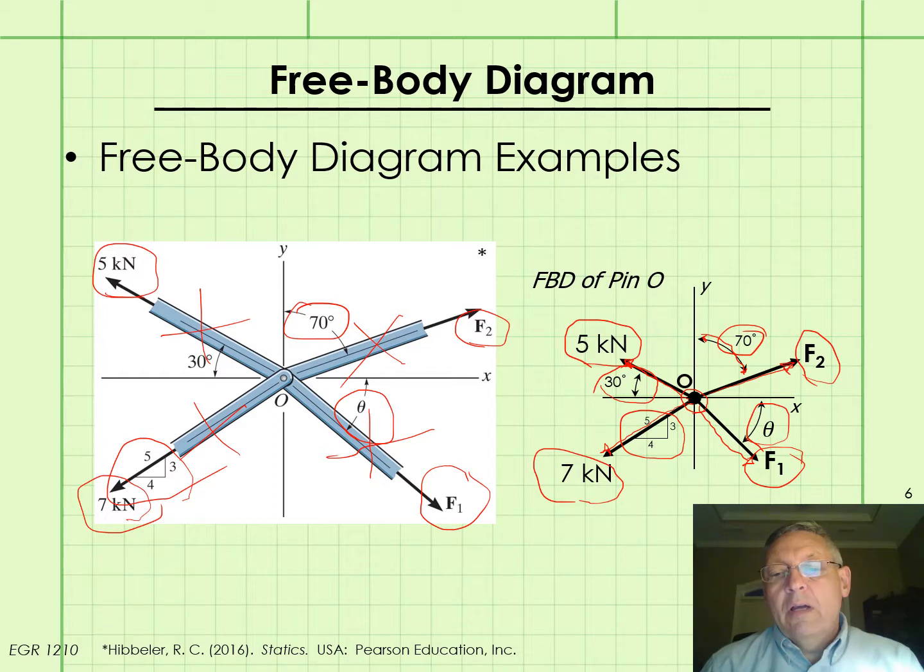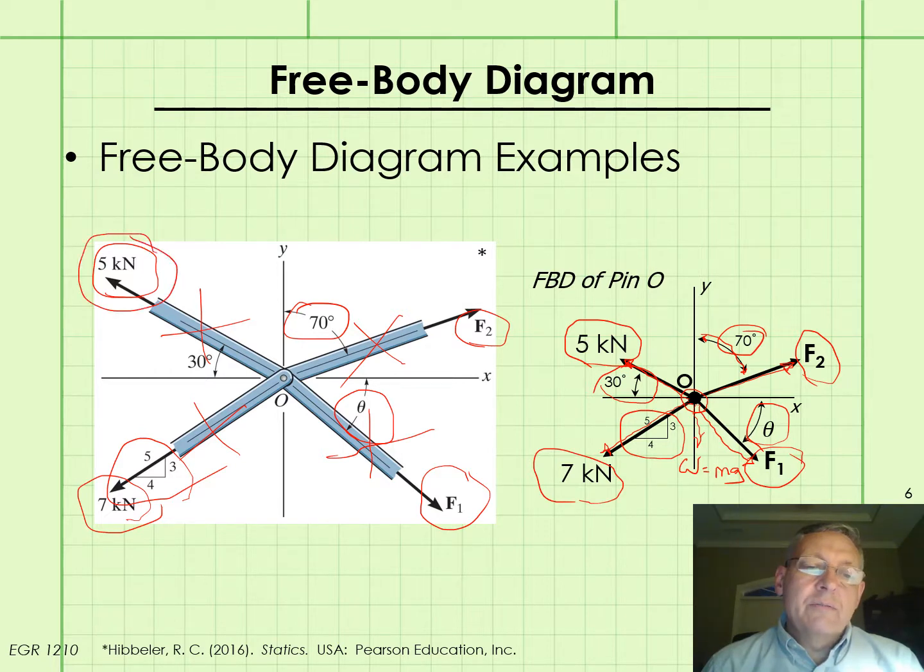So we could show the weight of O as the mass of O times the acceleration due to gravity. But in problems like this, look at the magnitude of the forces that are being applied to this thing. 7 kilonewtons, 5 kilonewtons.